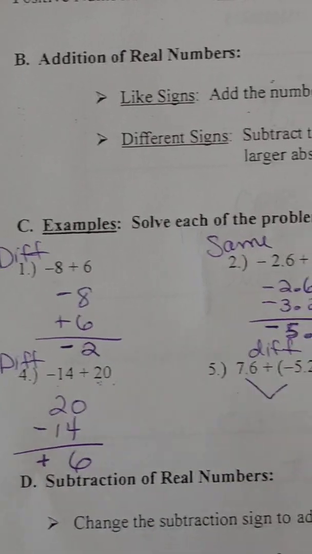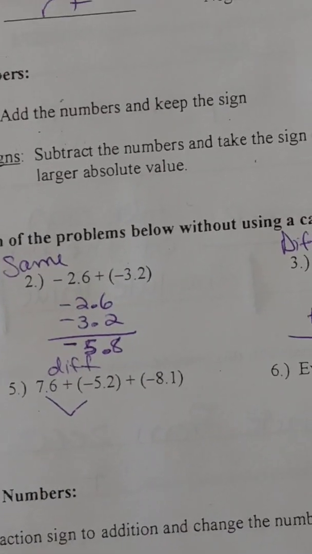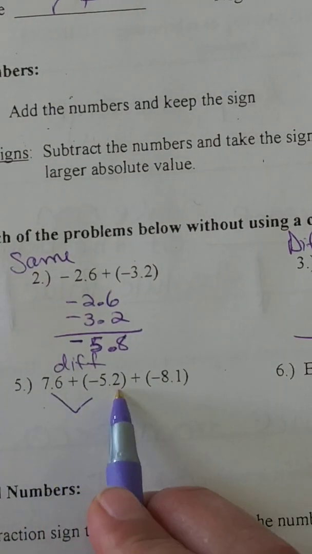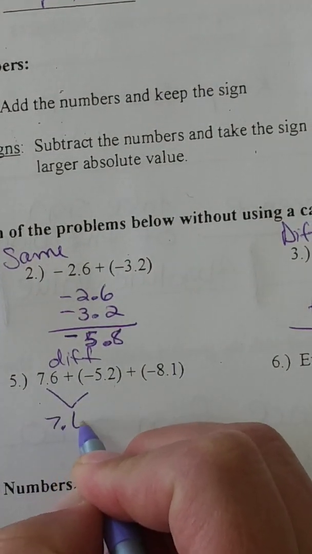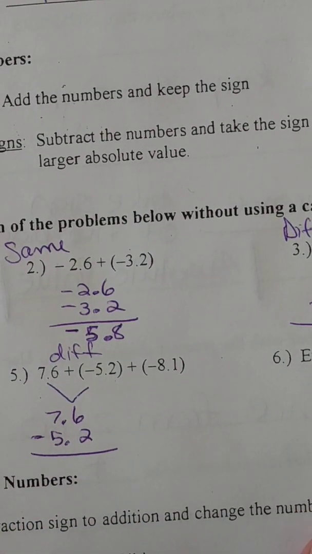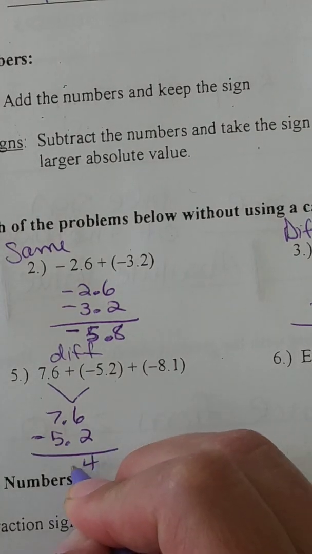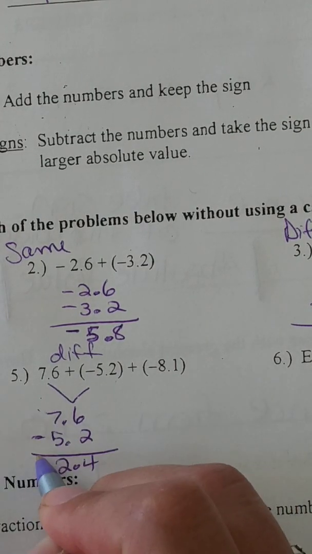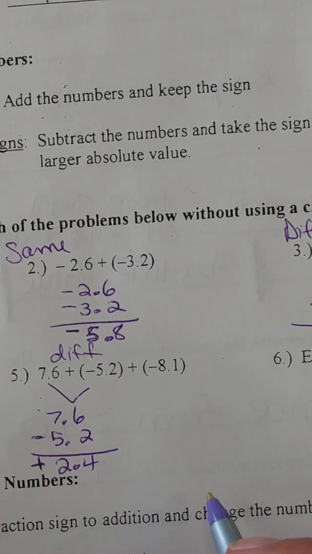Okay, over here is going to be more work. So we got to put the bigger number on top, bigger absolute value. Different is different, so we're going to subtract these. You can pause the video if I'm going too fast. This is more positive, so it's positive.